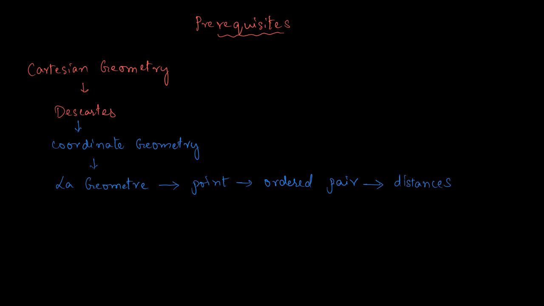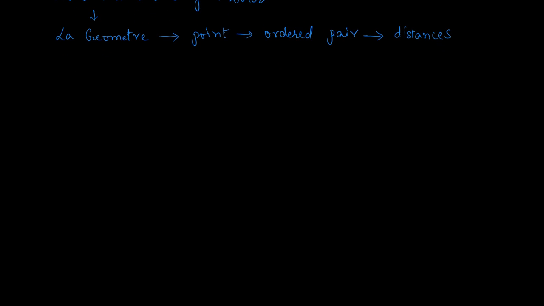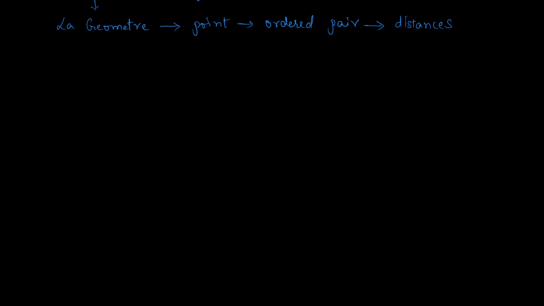Later on, the present form of coordinate geometry was developed by Euler. So we are learning more about this coordinate geometry now.